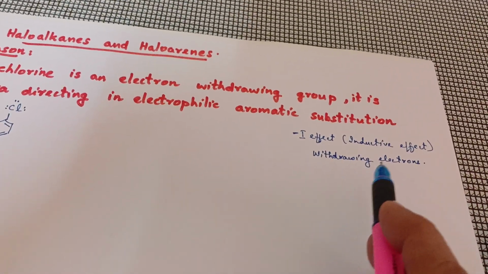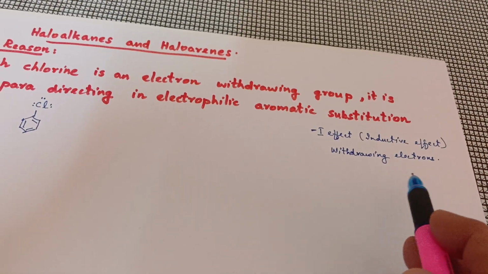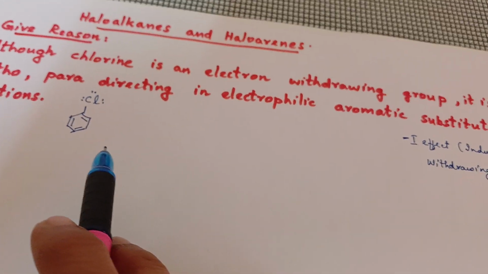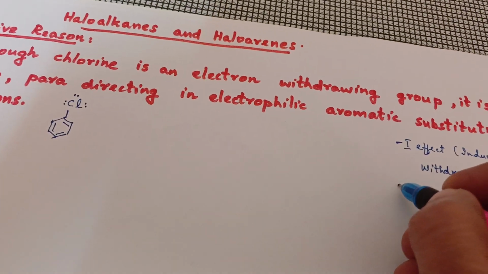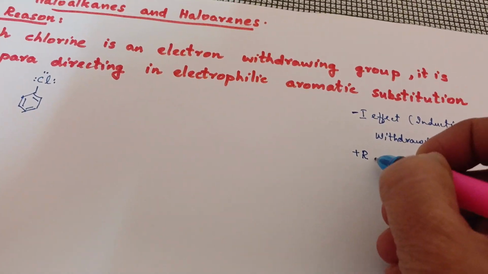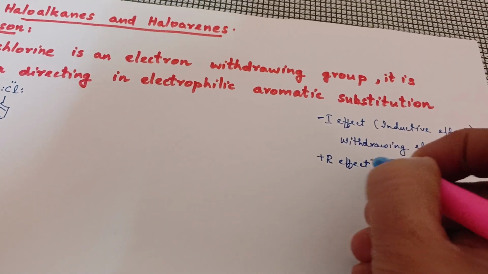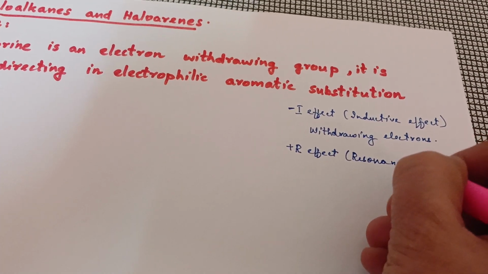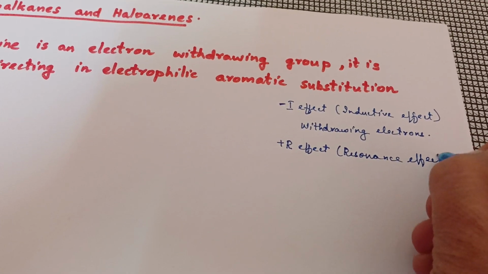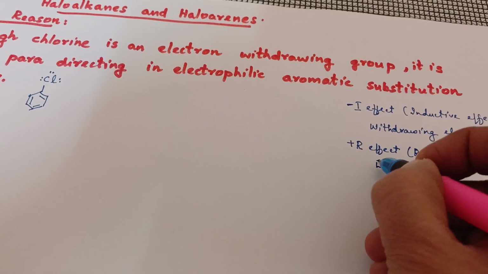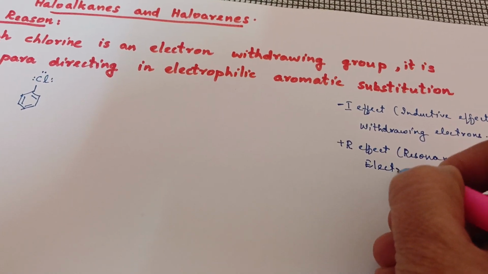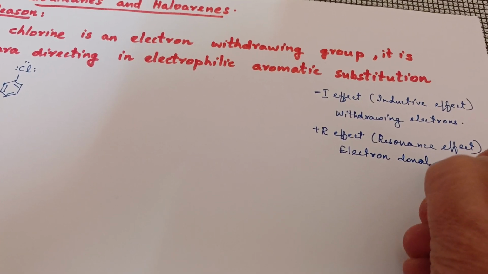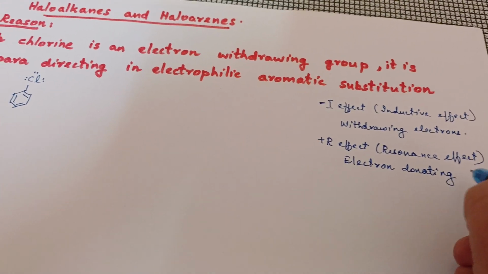One is inductive effect, that is electron withdrawing nature of chlorine, and the other is the plus R effect or resonance effect. That is the electron releasing or electron donating nature.